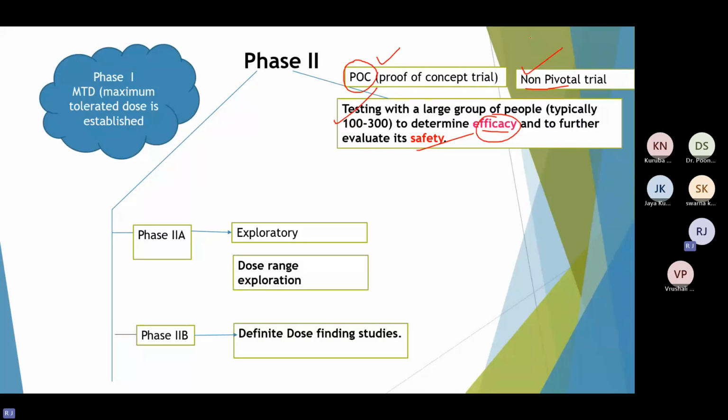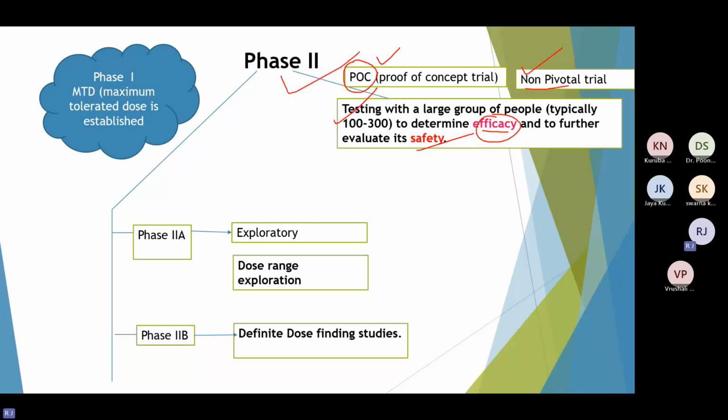Phase 2 trial data is generally not submitted for taking approval for any drug molecule. Based on the phase 2 data, sponsor companies cannot sell the drug in the market. That's why it's called non-pivotal trial, and it is also called proof of concept trial.